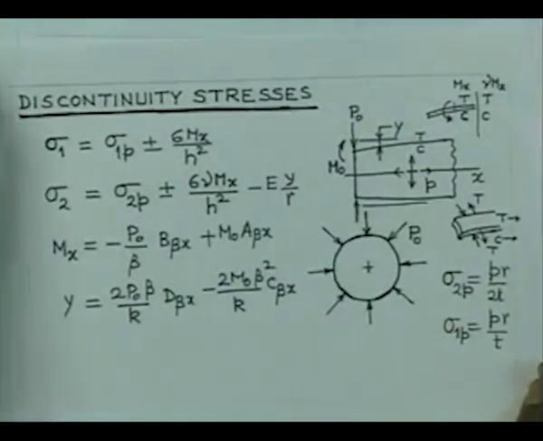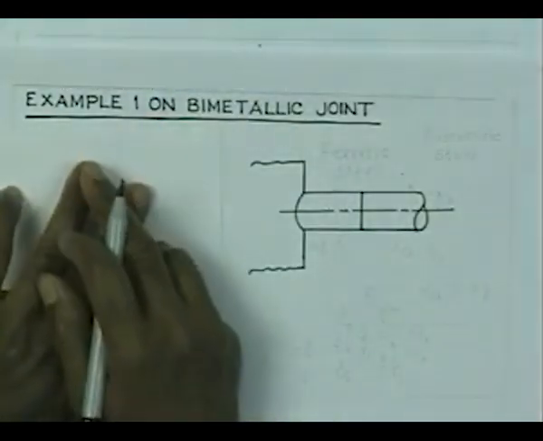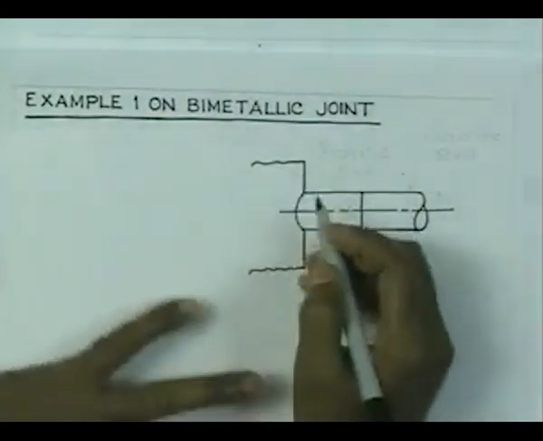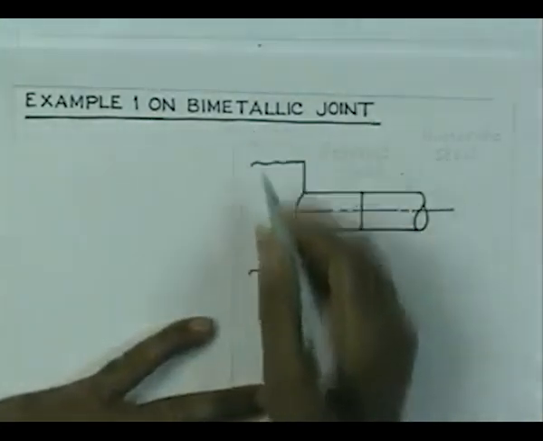Now, we will really like to go for taking up the analysis of some problems using this theory. Let us consider one example. This is a bimetallic joint. Think of a pressure vessel which is vertical.